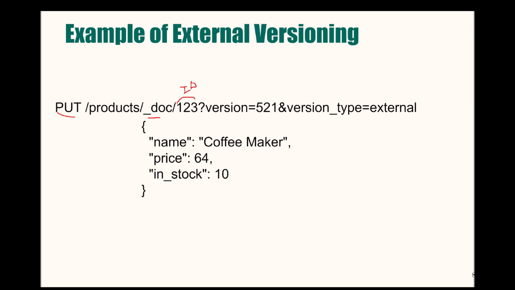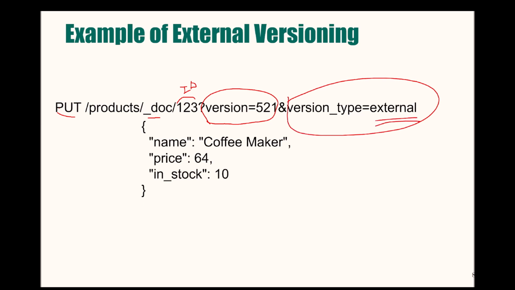Here, this is the version that we are specifying, and this is the version type. We are telling it that it's an external version. By doing this, you force Elasticsearch to keep remembering the version, and it can handle them. In the future, if you want to get any specific version by specifying the version number, you can get it.